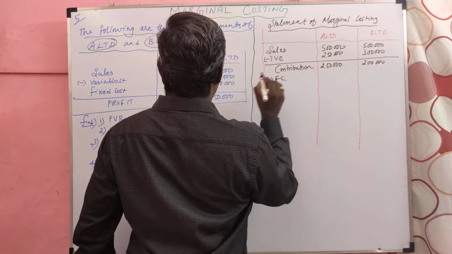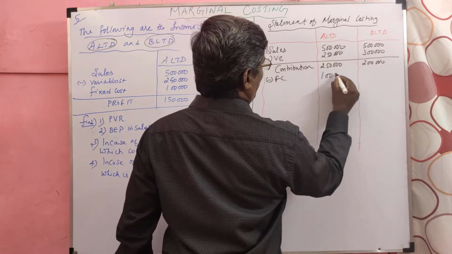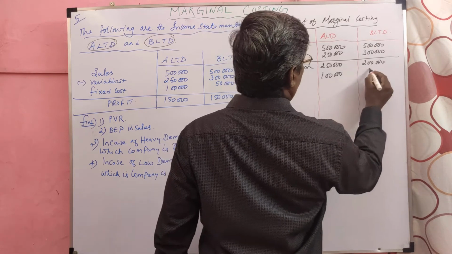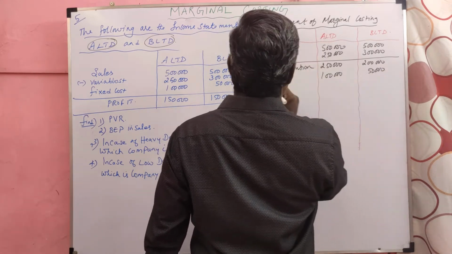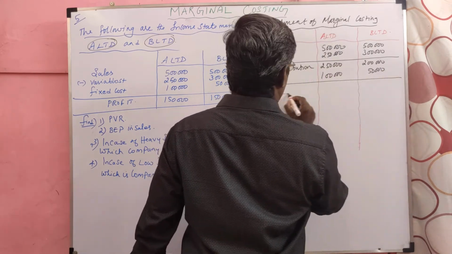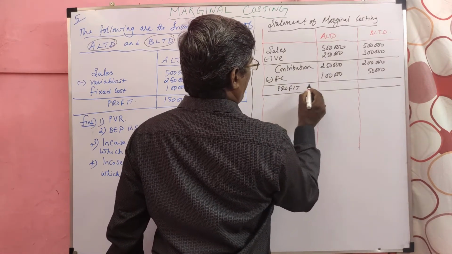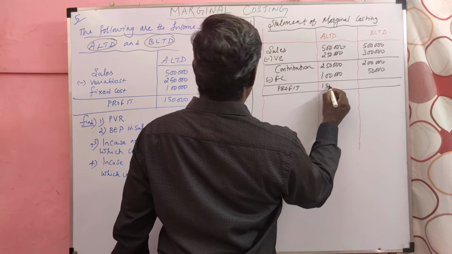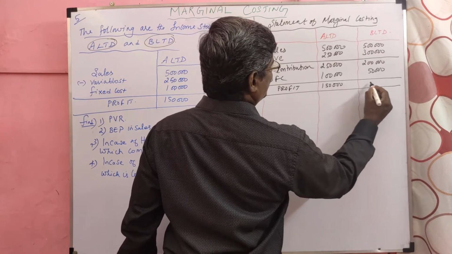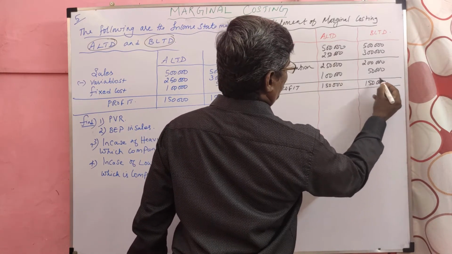Minus fixed cost. Profit: 1,50,000. Now we have drawn the statement of marginal costing. Here 1,50,000 is the profit of the first company. In the second company also 1,50,000.